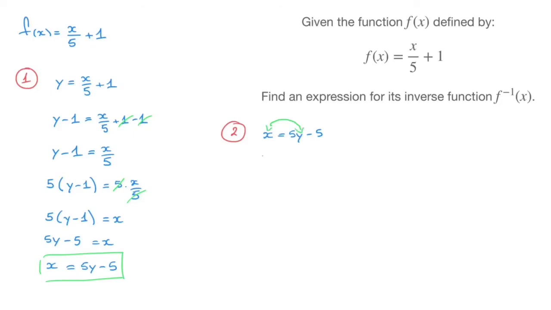So that would be y equals 5x minus 5. And at this stage, we're done. The expression on the right-hand side of this is the inverse function. So we can go ahead and state the final answer. The inverse function of f is equal to 5x minus 5. And that's the final answer. And that's it for this tutorial.